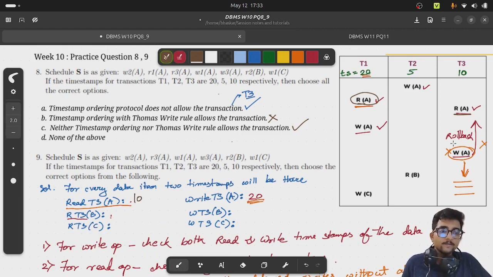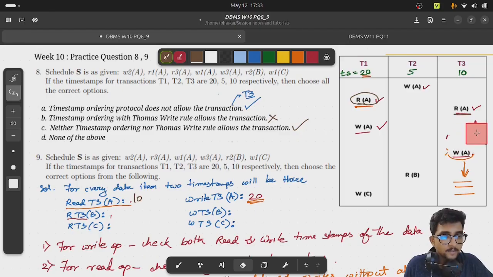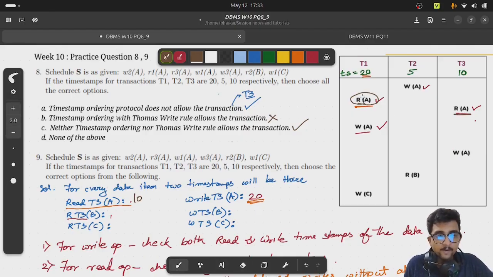Suppose this read A is not there. In that schedule, everything else will remain the same, but this read timestamp of A will be 10.